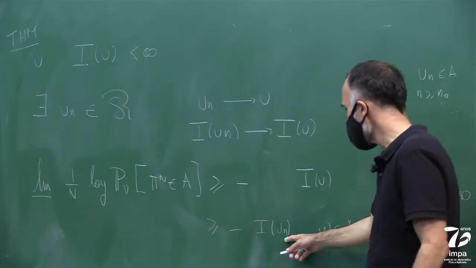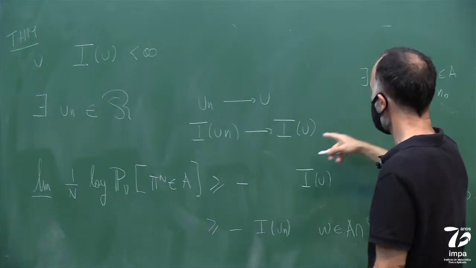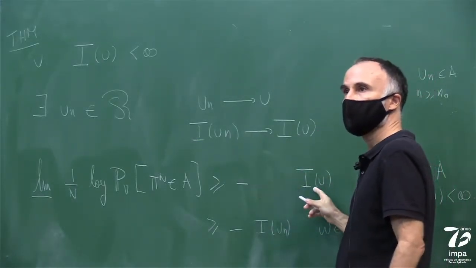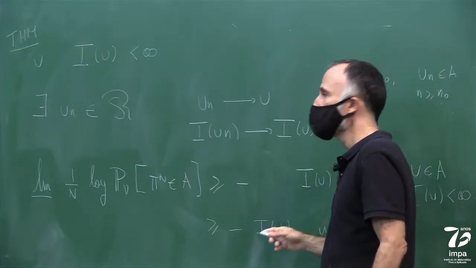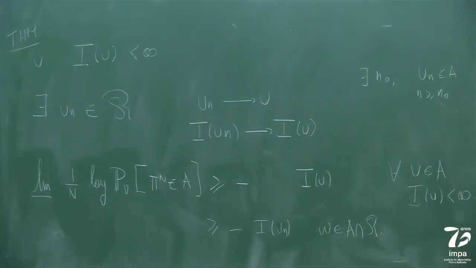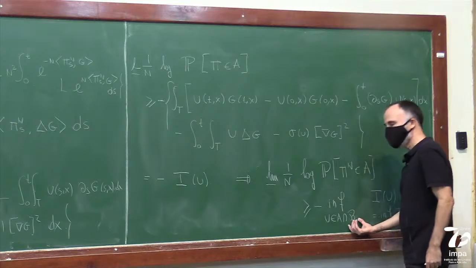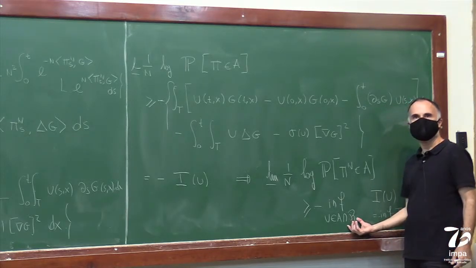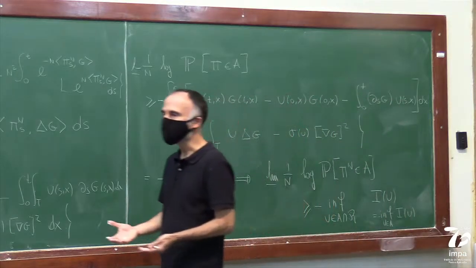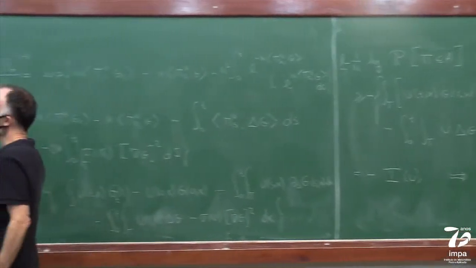And now since I of un converges to I of u, this guy is converging to that, so I have this bound. Okay? So what we just proved is that if you're able to prove the lower bound for a subfamily of trajectories, in order to complete the proof of the lower bound, you need to show this theorem.